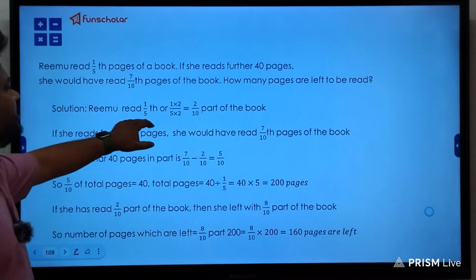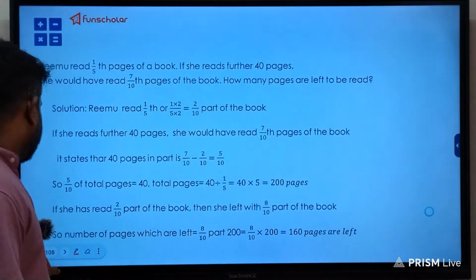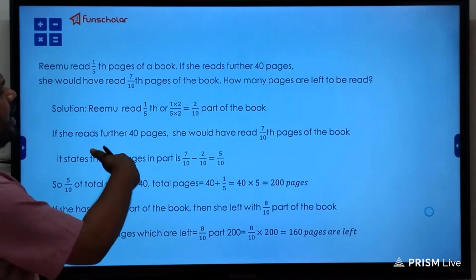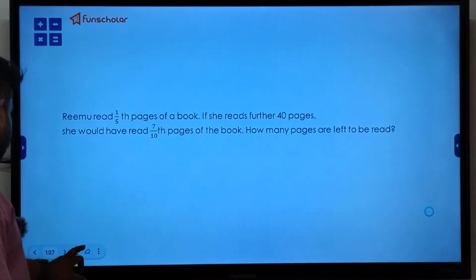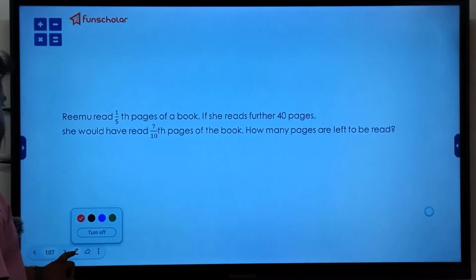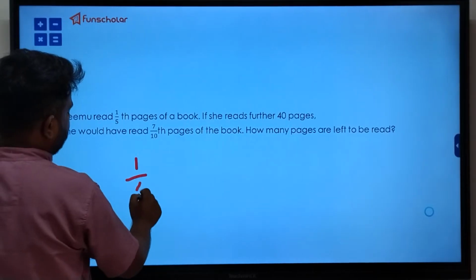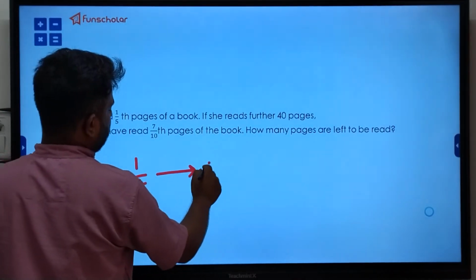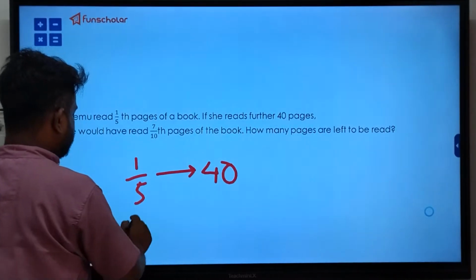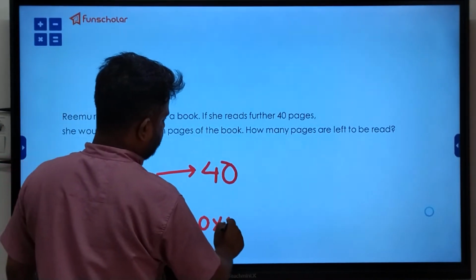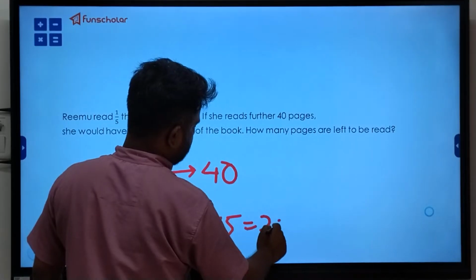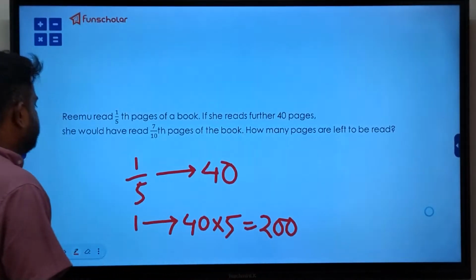Now they have done it by making them like fractions. But if you do it this way, 1/5 will be 40, so 1 will represent 40 into 5, that means 200.